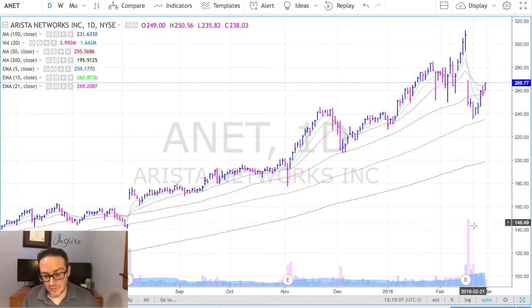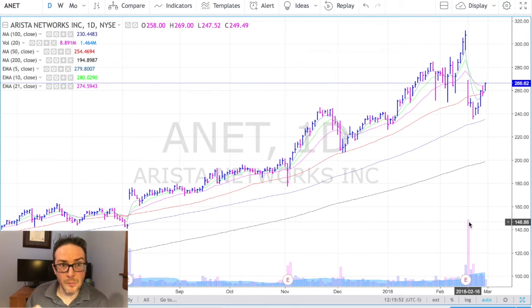The main point, though, is that selling on volume like that is not something to be taken lightly. It's not a coincidence. It's major institutions, plural, selling at that kind of volume.